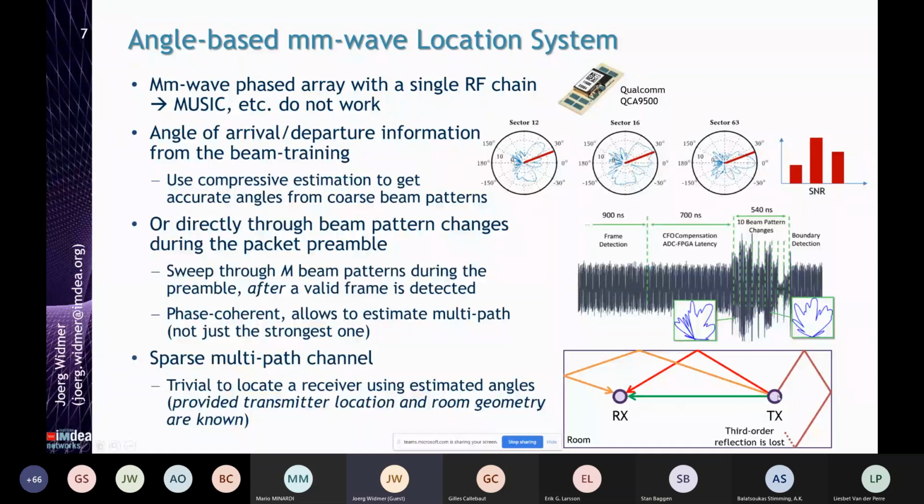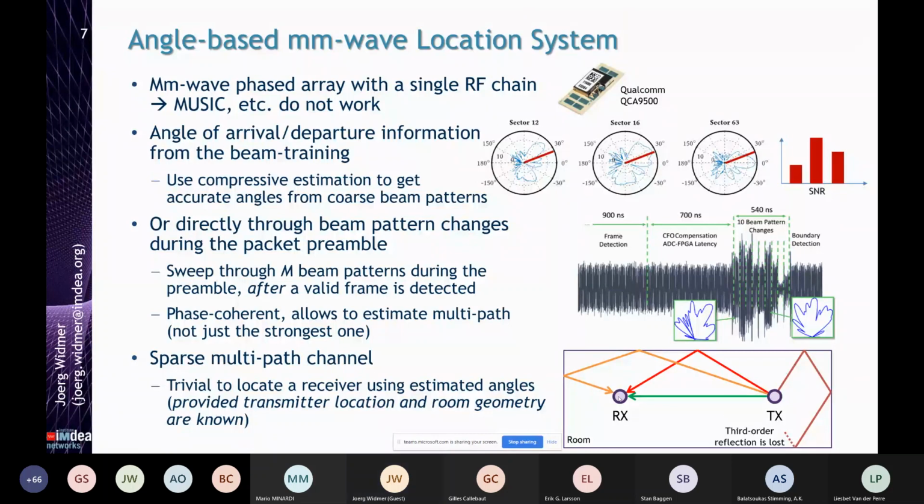The receiver is where the green line crosses the red line that is reflected at the known wall, and then the second order reflection from the yellow line and so on. And so that would be a very, very straightforward, very simple location system.